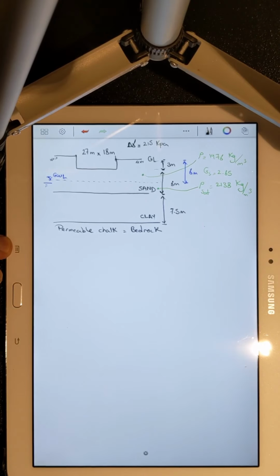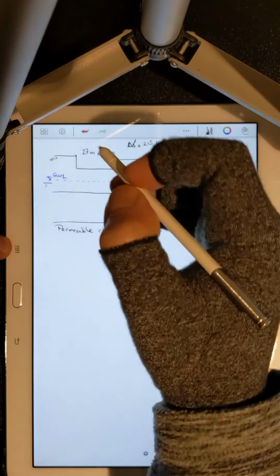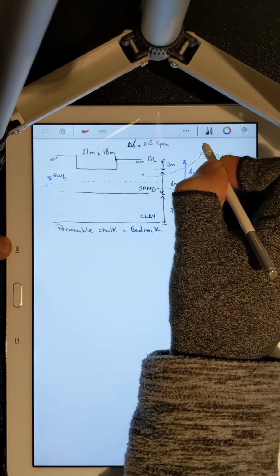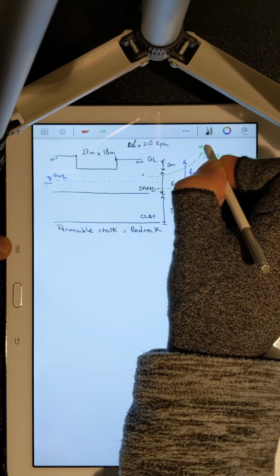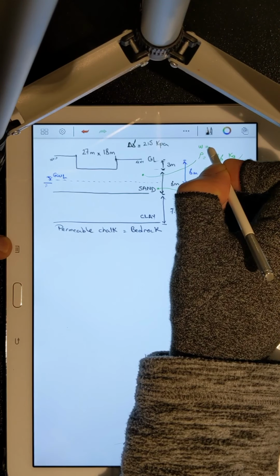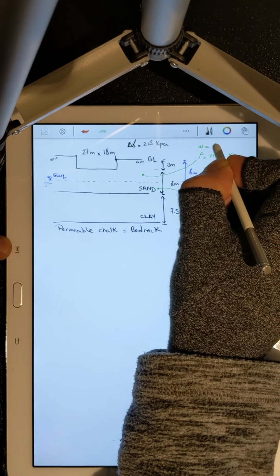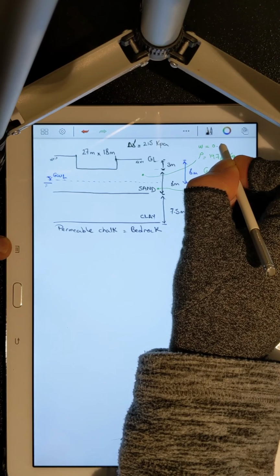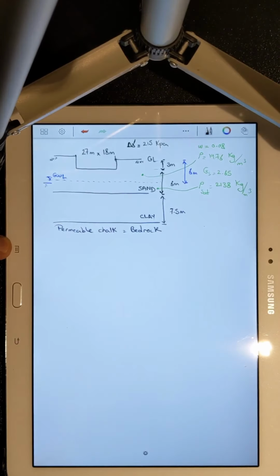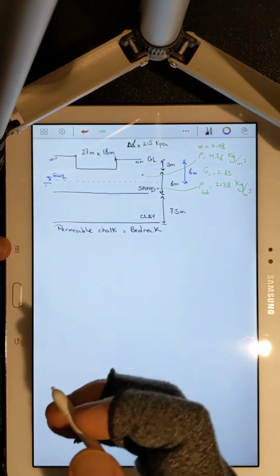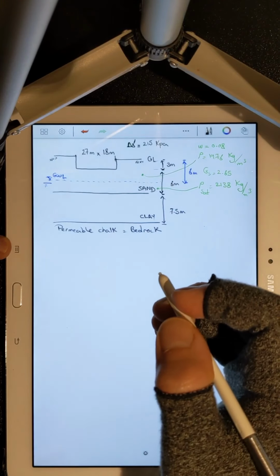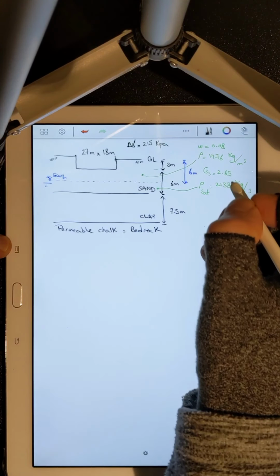The water content of sand above water level is 8%. And the void ratio of sand, that is the average void ratio of sand, irrespective of its whereabouts in reference to groundwater level, is 0.45.